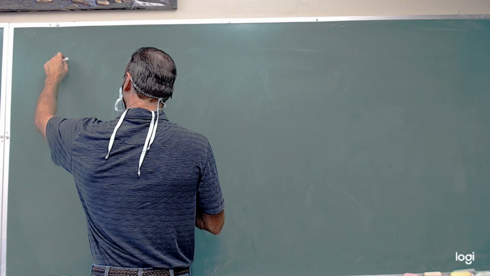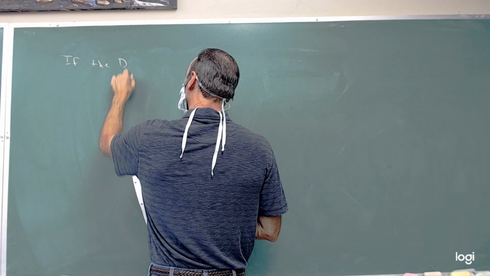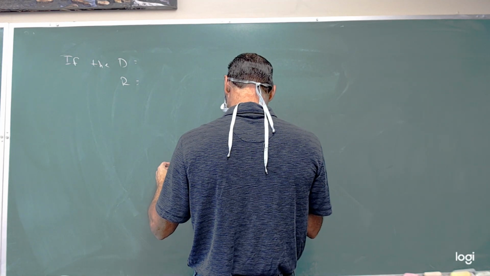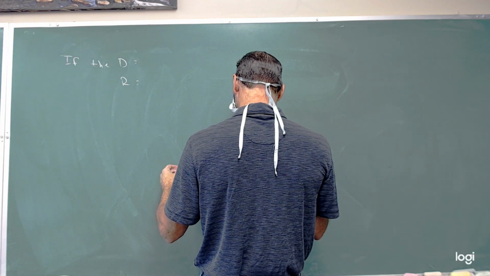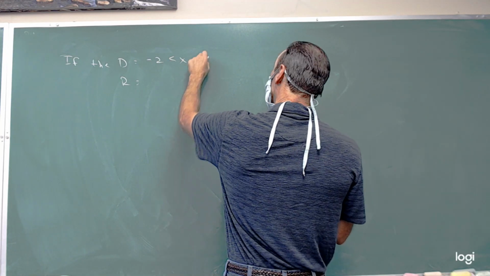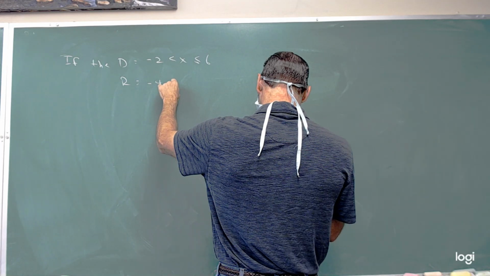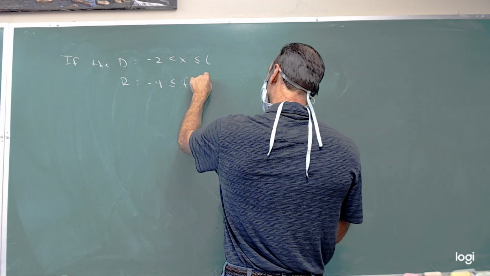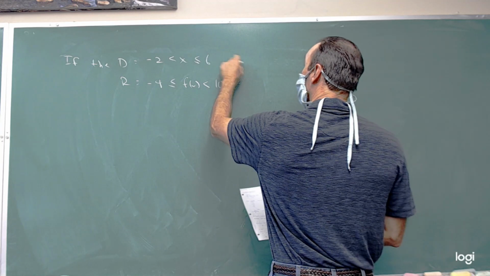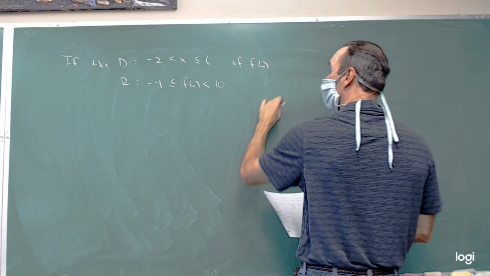Say the domain and range of our function f of x is negative 2 less than x less than or equal to 6 for the domain, and negative 4 less than or equal to f of x, which is strictly less than 10 for the range.